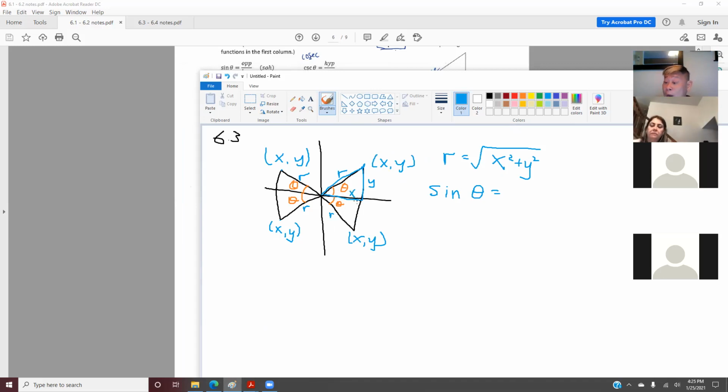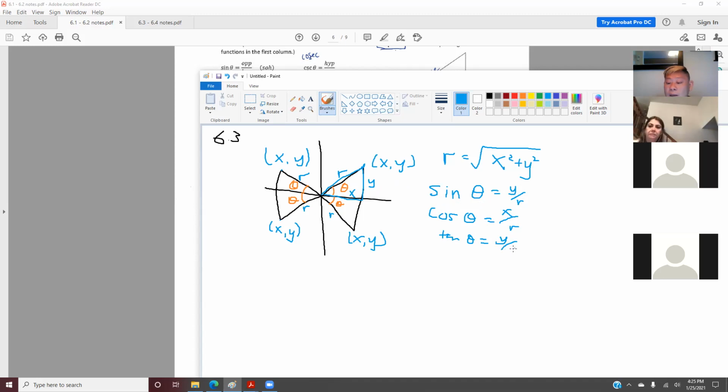So you can use SOHCAHTOA. Sine is opposite over hypotenuse, so this is y over r. Cosine theta is adjacent over hypotenuse, which is x over r. And tangent theta is y over x, opposite over adjacent.